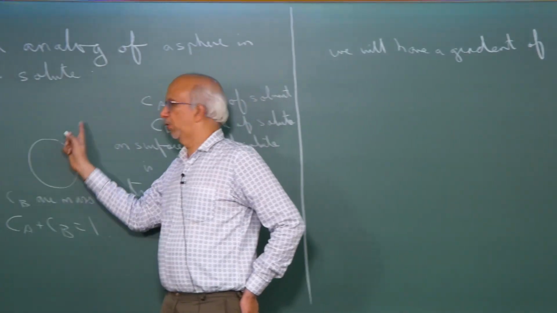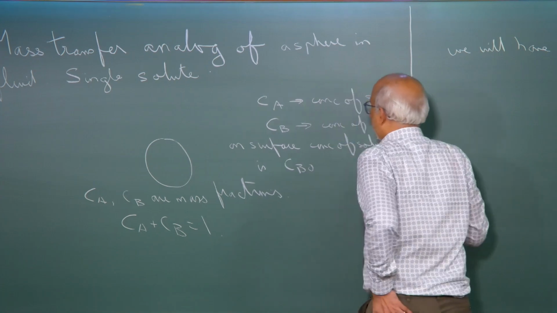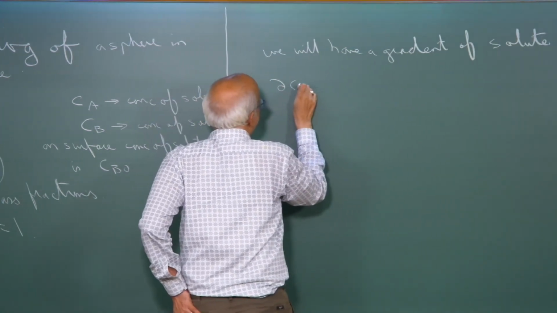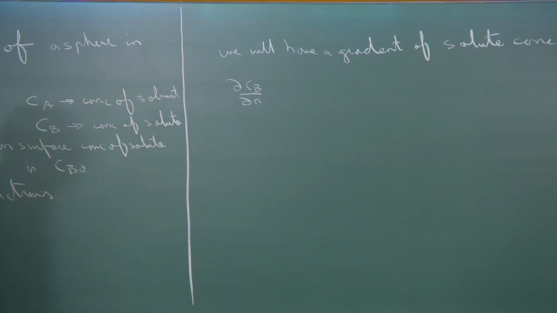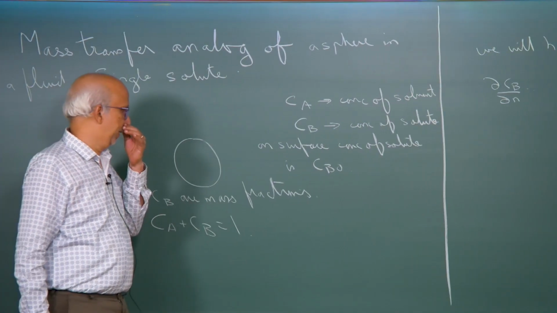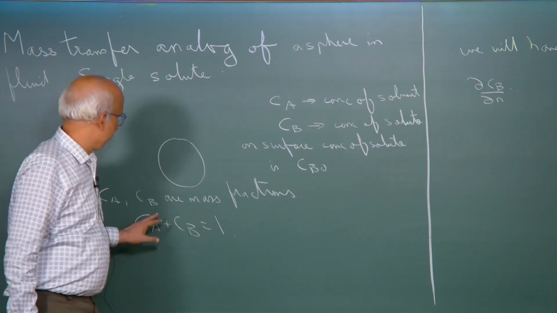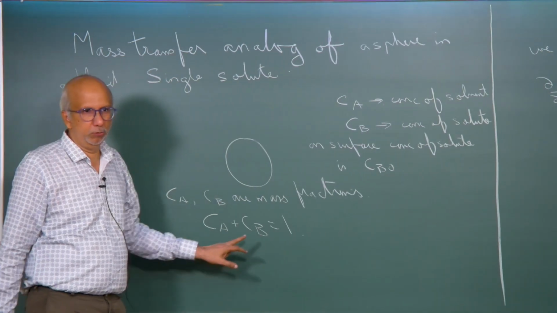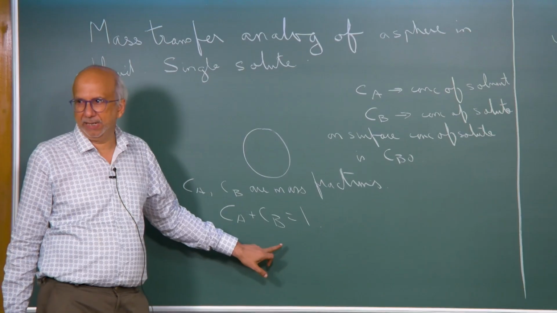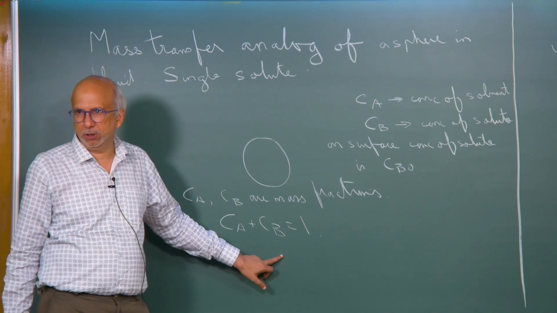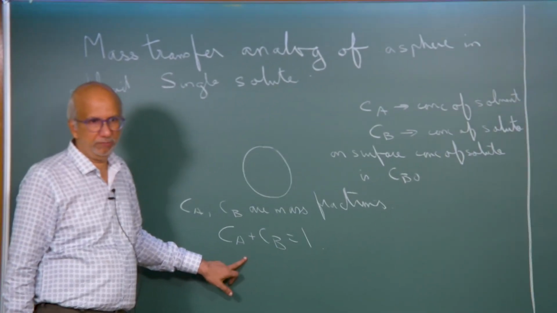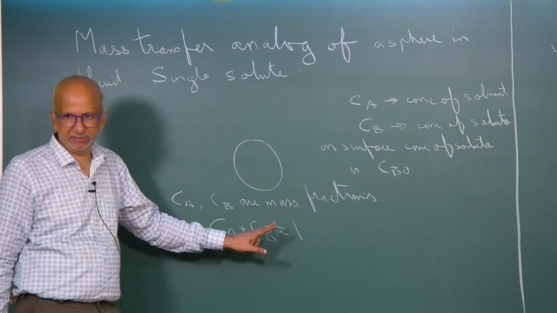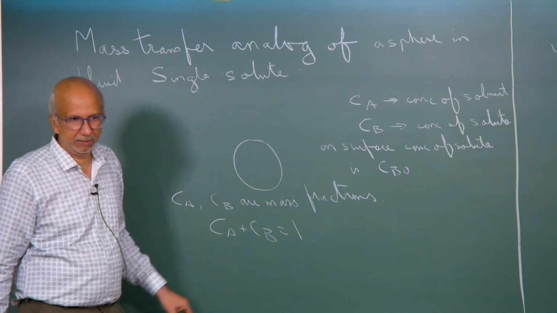Let us say you are looking at the normal direction, it will be dCb by dN. That is the gradient. Now, because this relationship has to be true, and there is a gradient in the solute concentration, it will induce a gradient in the solvent concentration. I can just differentiate both of these in the direction.